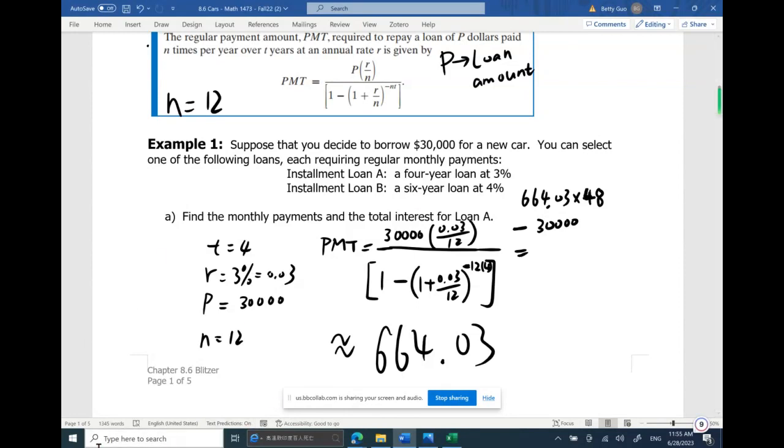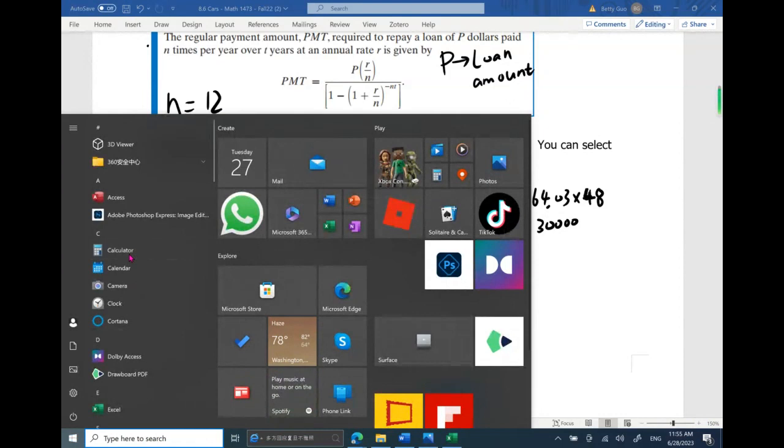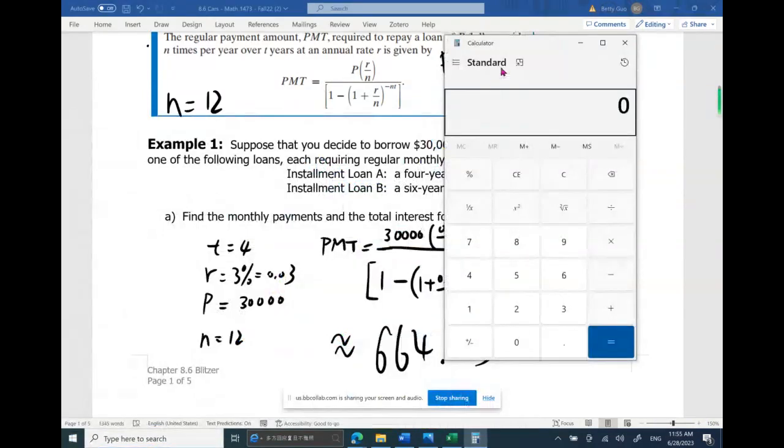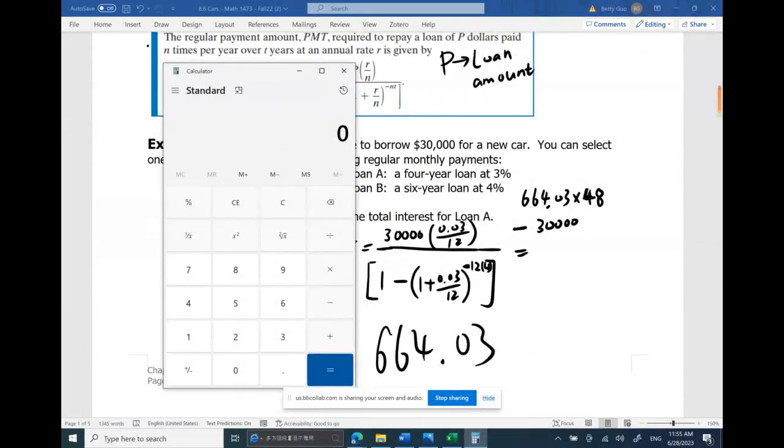Let's process that on this simple calculator. 664.03 multiplied by 48. And that's how much money you spend, right?